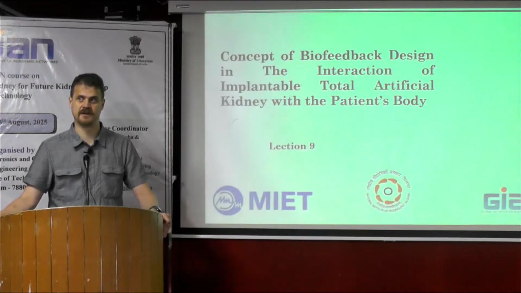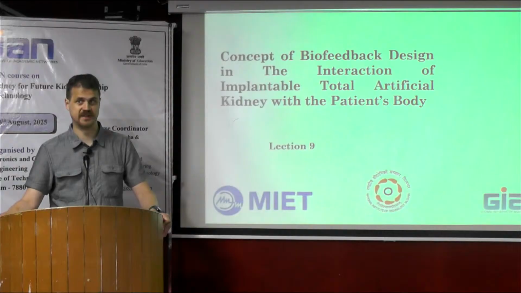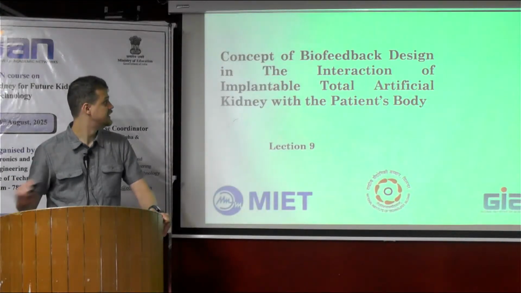In that regard, we need to make sure that the clearance, a parameter that can be evaluated for mass exchange units, or rather the glomerular filtration rate, is adequate in the implantable artificial kidney. That we in fact achieved the parameters required to imitate the natural kidney.